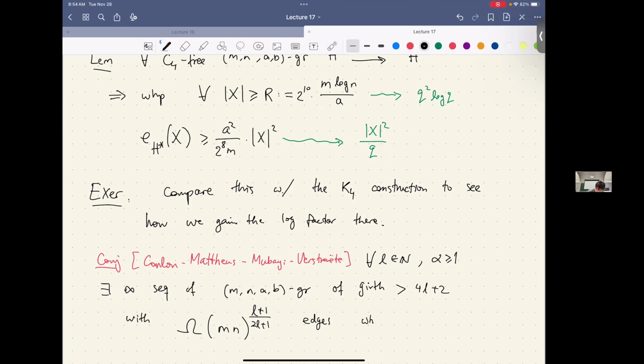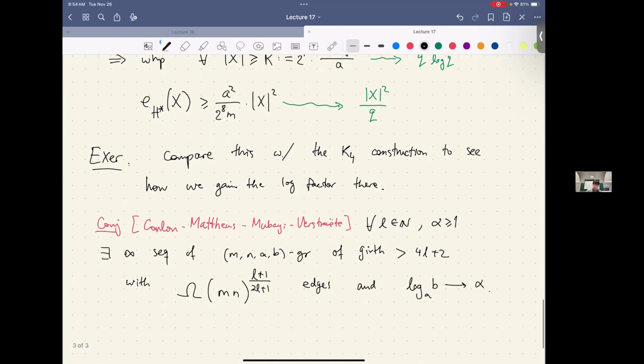where you say N. All right, there's a relation between A and B. Basically, we want M and N to be polynomially related. One is a polynomial of another. This is what it means, basically. Log_A of B tends to alpha when you have this infinite sequence.